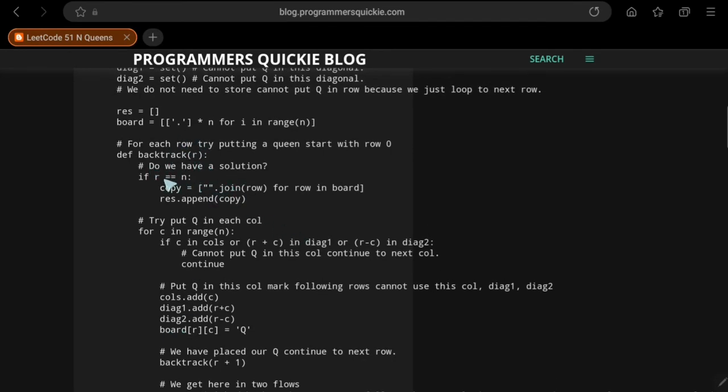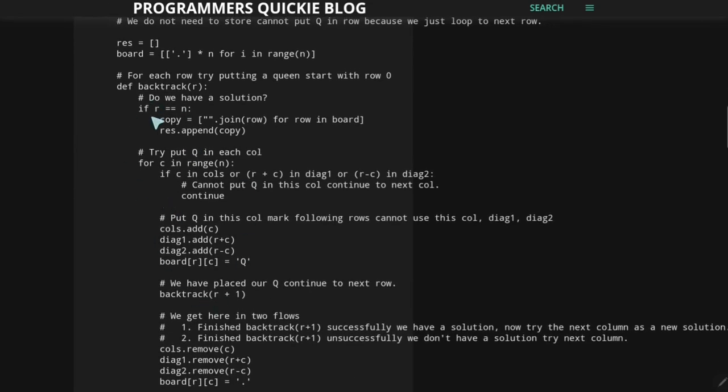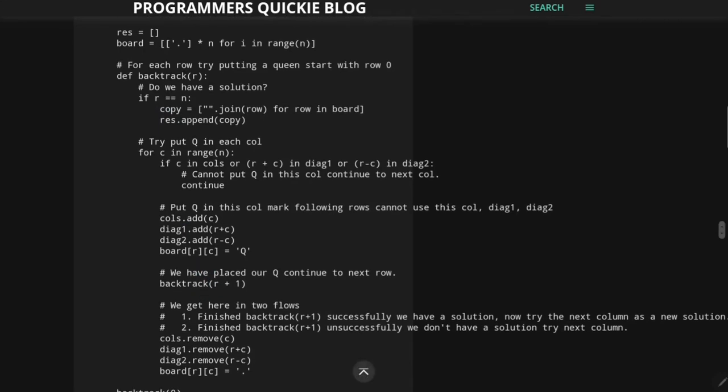The basic framework of all this backtracking is going to be first to check if we have a solution. If we have a solution, add the solution, and that's it. Just add the solution and continue.